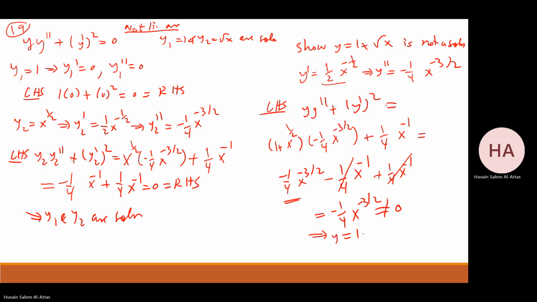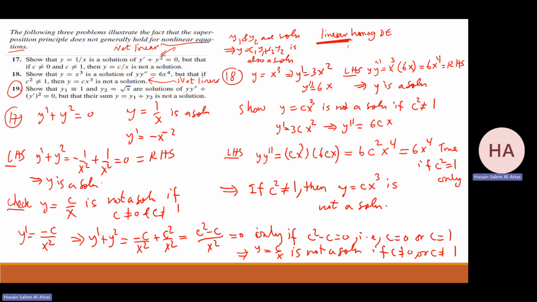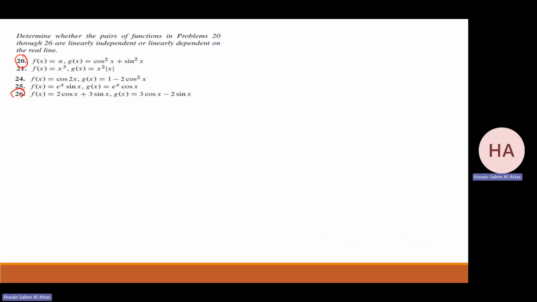So it is not the solution. As I said, in all of these three problems, we cannot apply the superposition principle. Why? Because the equations are not linear. All of these equations are not linear. Okay, that's mainly the idea of this question.